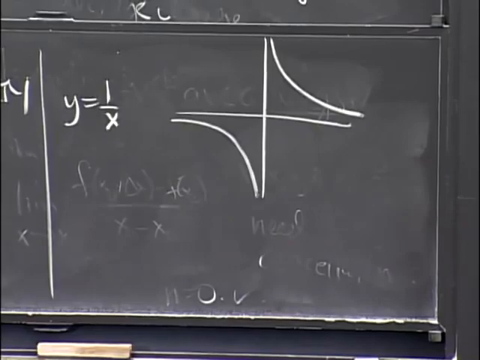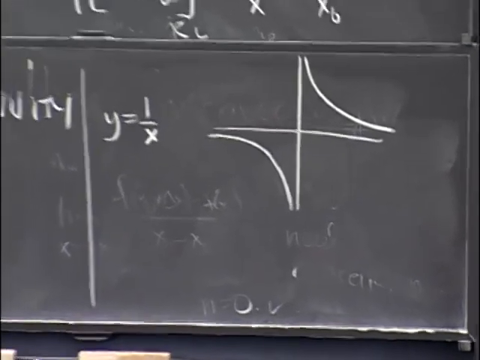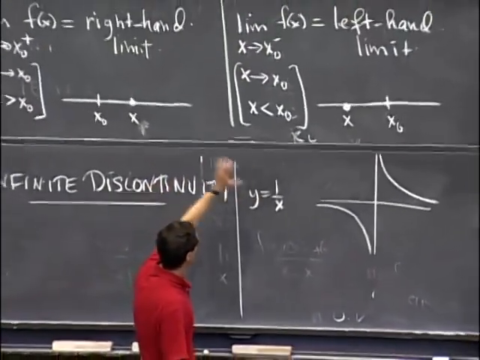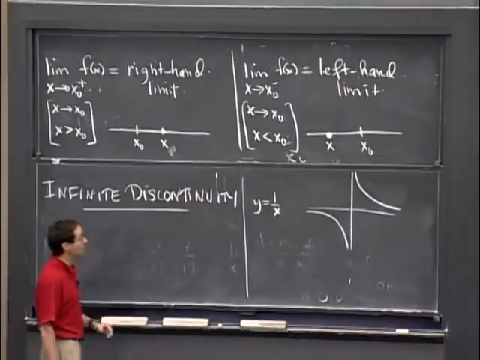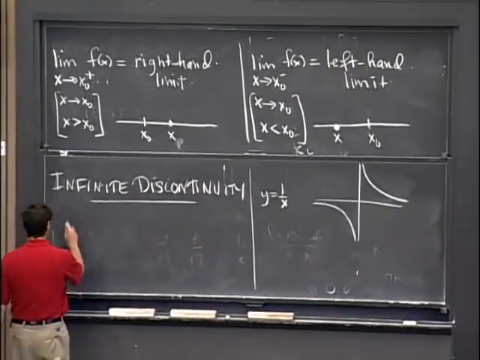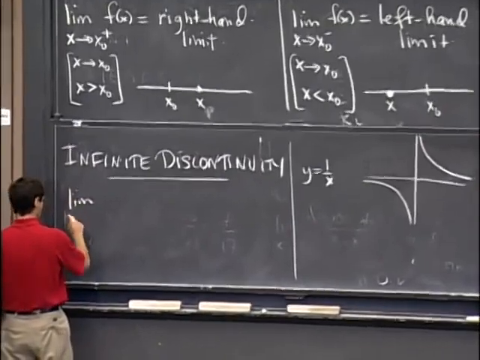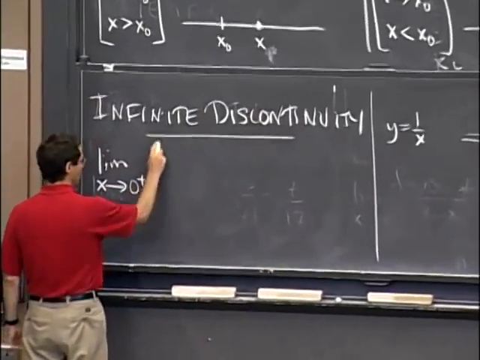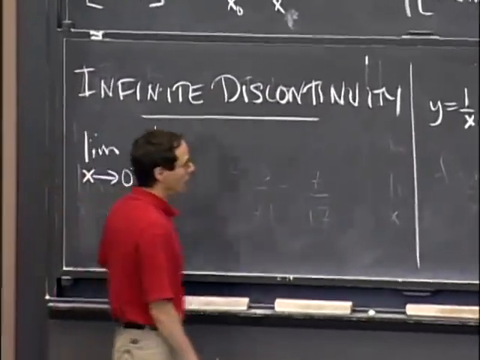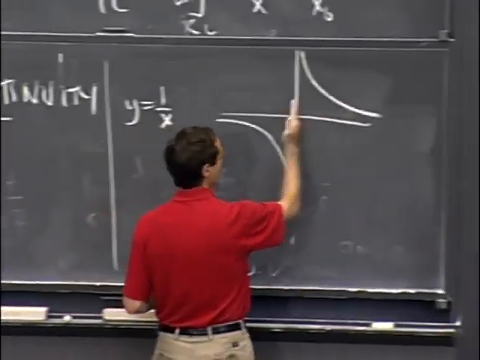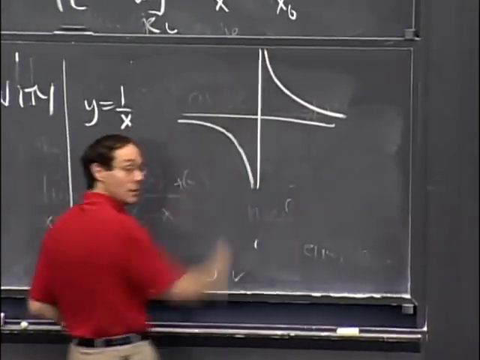And the convenience here of distinguishing the left and the right-hand limits is very important, because here I can write down that the limit as x goes to 0 plus of 1 over x. Well, that's coming from the right, and it's going up.